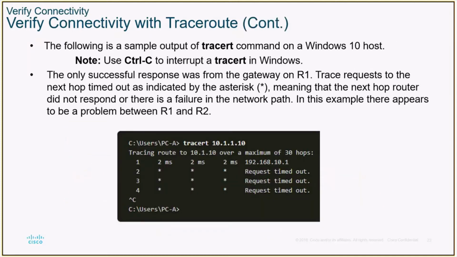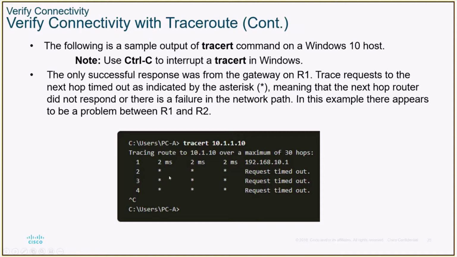And so on Windows, this is what it looks like. In this case, we've only had a successful connection with one device along the way. I'm assuming that's your own router, because 10.1.1.10, oh no, that's the destination, sorry. We actually don't know this device's IP address. To me, it looks like we got a response from our own router because it's hop 1 and we got nothing else.